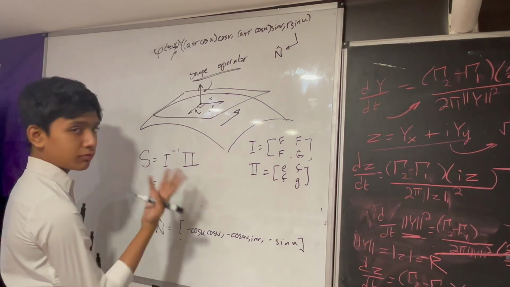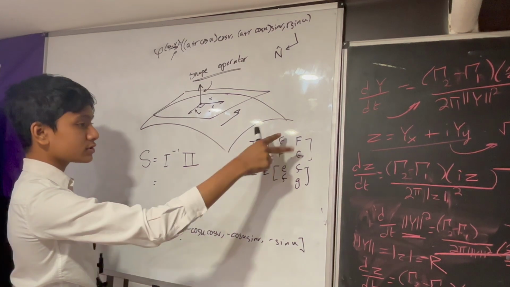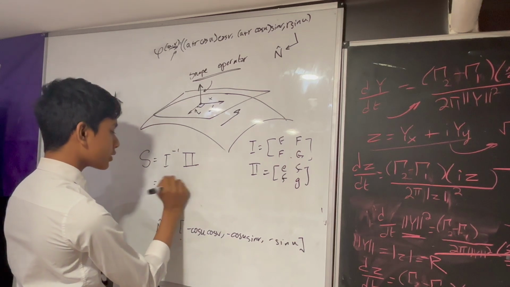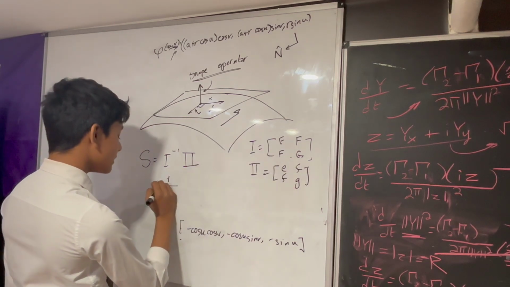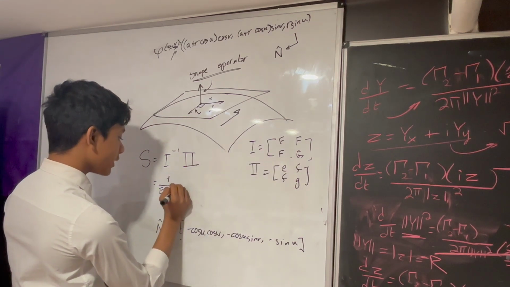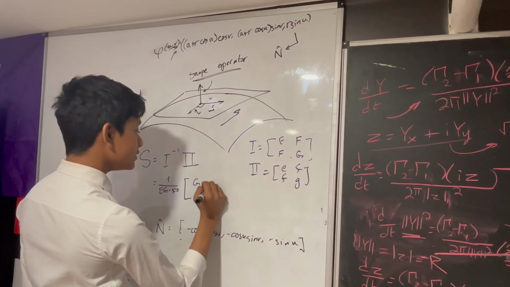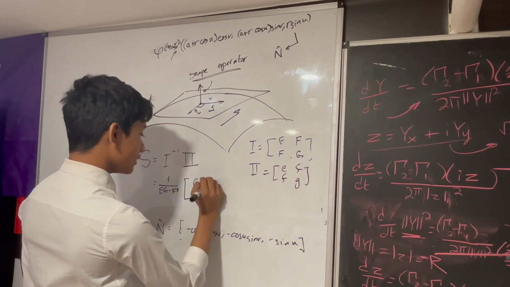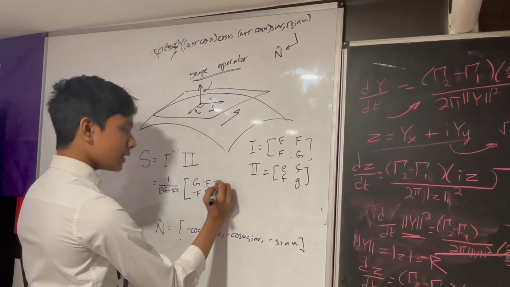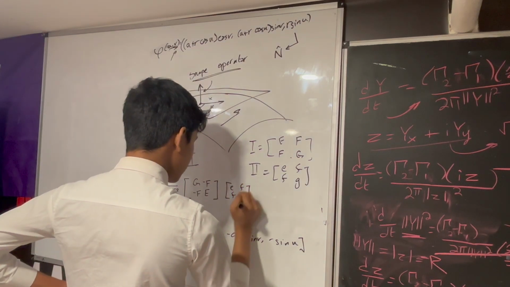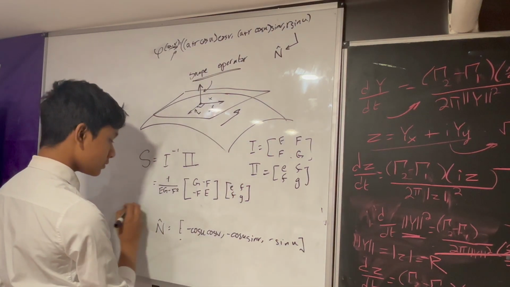Okay, so what do we get from this? Well, the inverse of a 2x2 matrix is easy to remember. This is just 1 over the determinant, which in this case is EG minus F squared, multiplied by the matrix where you swap these two and negate the ones off the diagonal, and you multiply that by the second form. So what do you get?